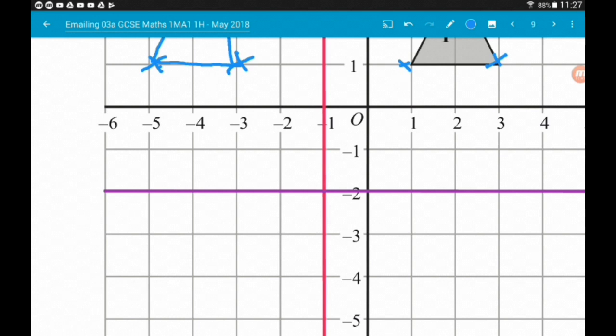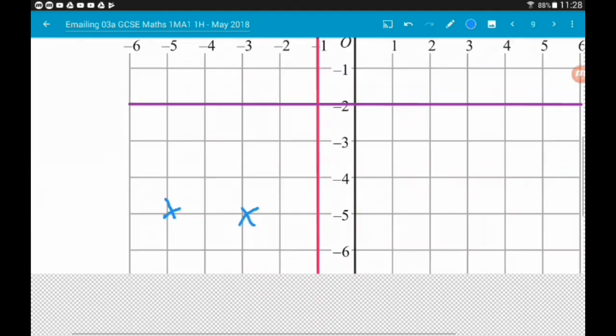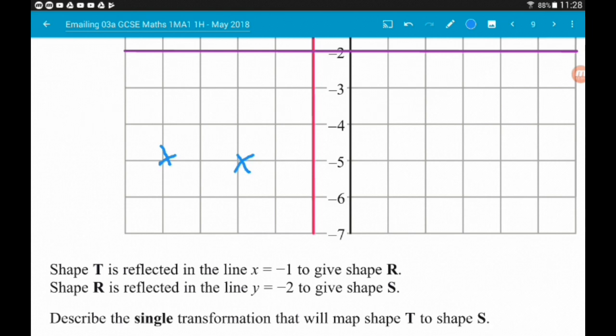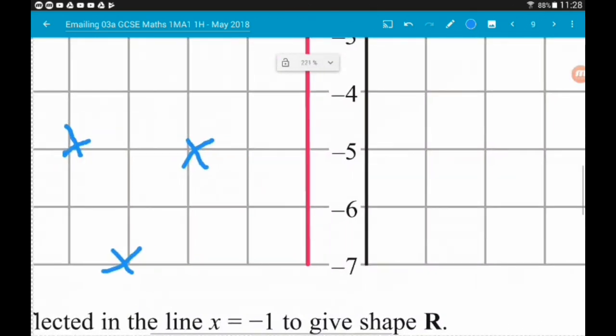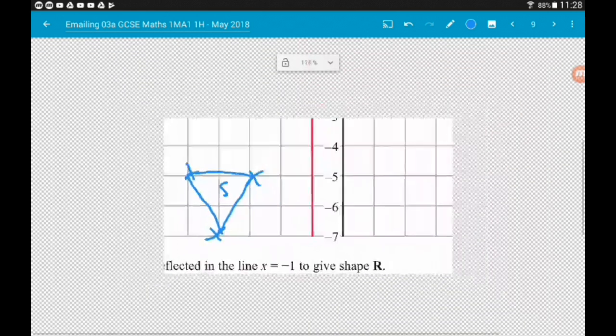So that's going to be here, and then the bottom right point is just 2 places to the right, there, and then the tip of the triangle is going to be in there. Okay, so if we then draw the triangle in, that is now shape S.